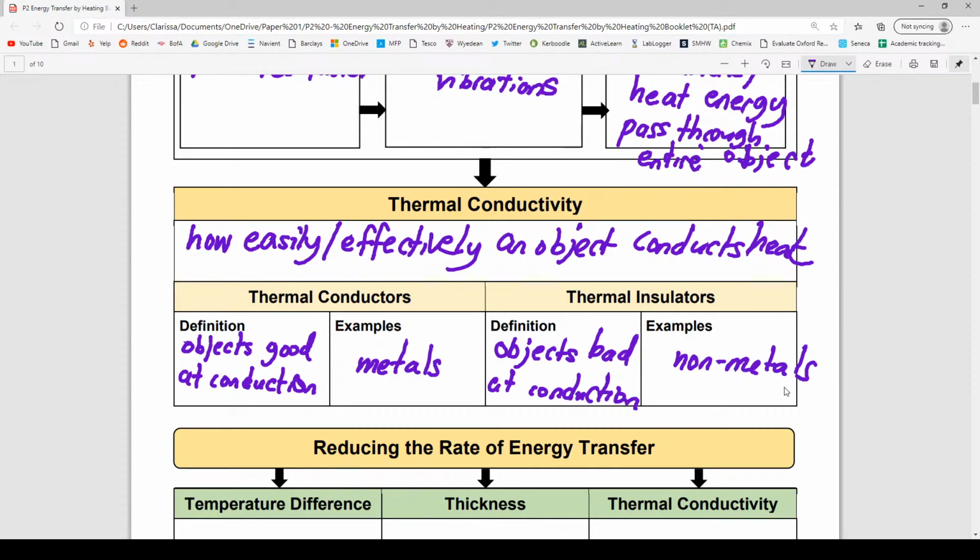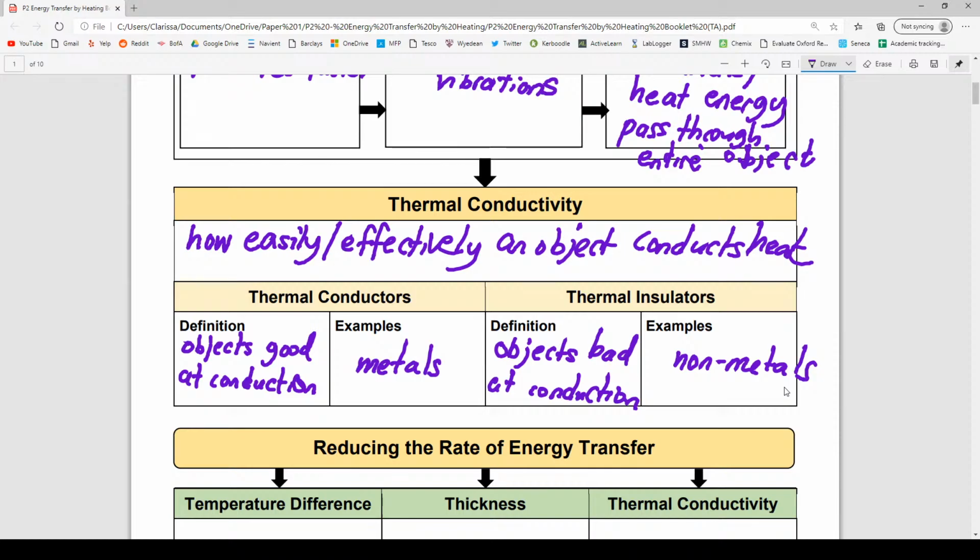So I'll give an example. Let's say that we are taking something out of the oven. Well, our baking tray is probably going to be made out of metal because we want it to conduct the heat really, really well to get our food to cook, right? But when we take that baking tray out of the oven, we're not going to put a metal glove on, because then the heat will just pass right through our metal glove and burn us.